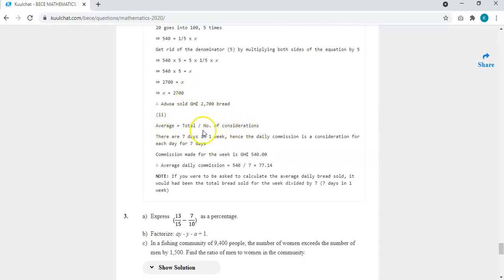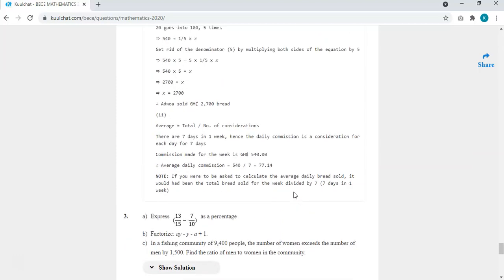So here we know the total commission to be 540. So the average is going to be 540 divided by 7, which gives you 77.14. So like I've explained, if you are supposed to calculate the average on the total bread sold, you just divide the total bread sold by 7.